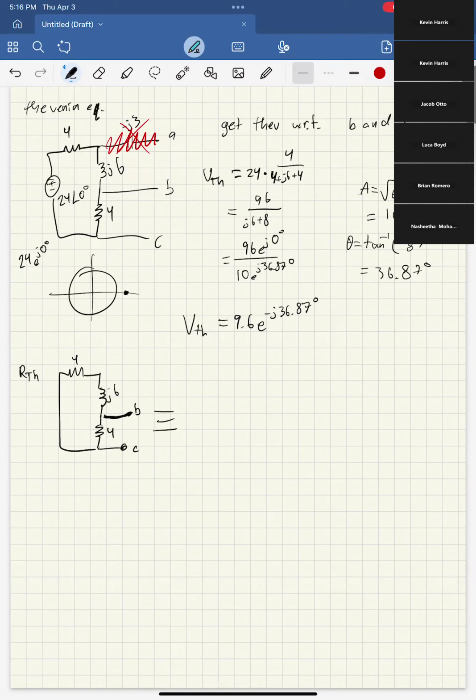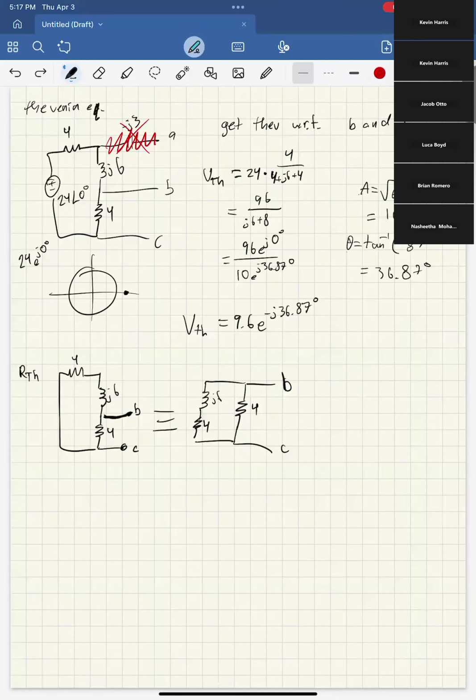If we have B here, it's like this. Hopefully it's very clear that these are in parallel, right? So we have 4, and we have J6, and we have 4. You can simplify this all at once because these two are in parallel. It'll just add. It'll be 4 plus J6.